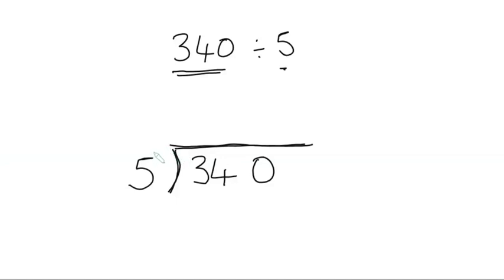Here we go. So the first thing that we're going to do is we're going to divide each of these digits by each other. So the question is, how many times does 5 go into each of these digits? Now, how many times does 5 go into 3? We know that 5 is larger than 3, so they cannot be divisible.